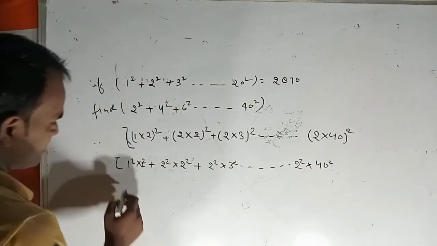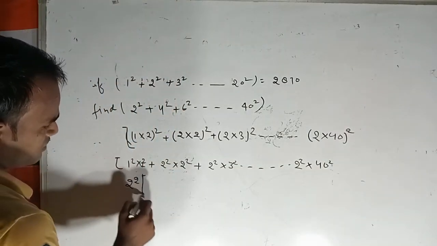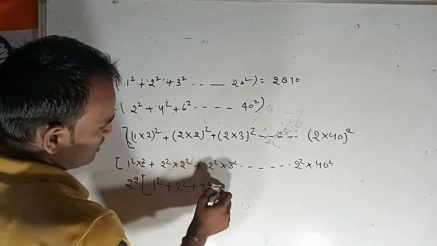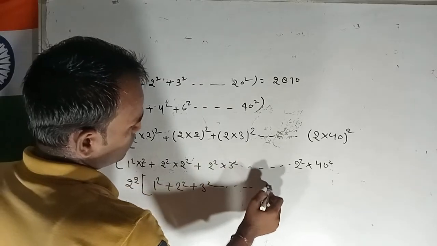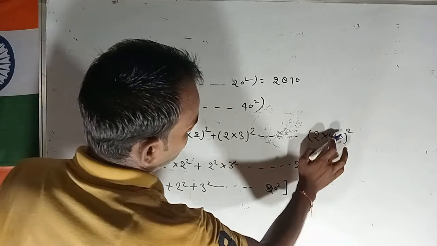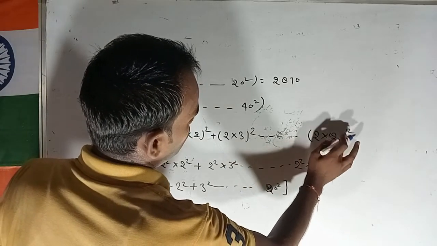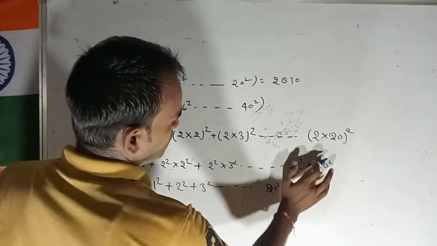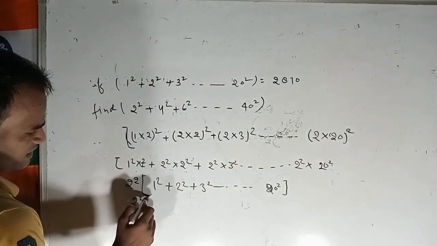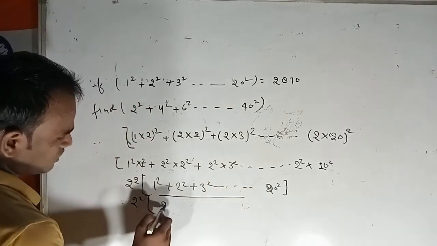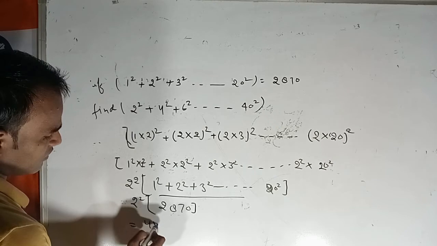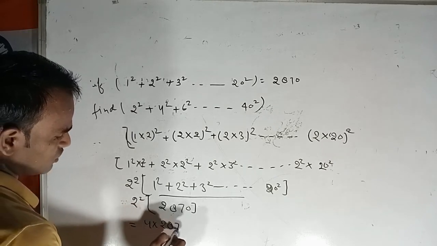What is common here? 2 square is common. Then next will be 1 square plus 2 square plus 3 square up to 20 square, whose value is equal to 2870. So the final answer will be 4 into 2870.